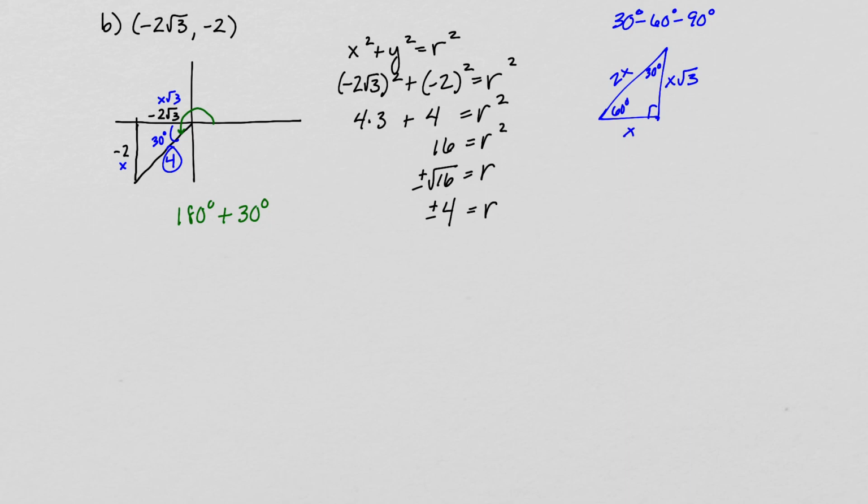And so in this case, that means we are going to have 210 degrees. So our polar coordinate is going to be 4, 210 degrees. And you could write it in radians as well, right? You can convert 210 degrees to radians if the problem asked you to write the answer in radians.